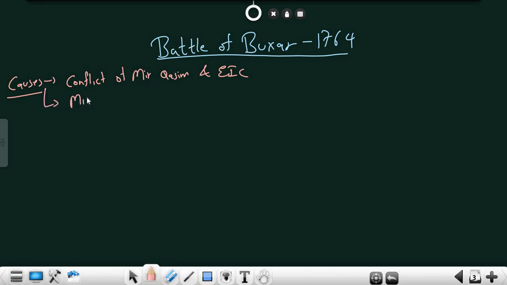The second was misuse of Farman and Dastak by the Britishers in 1717.